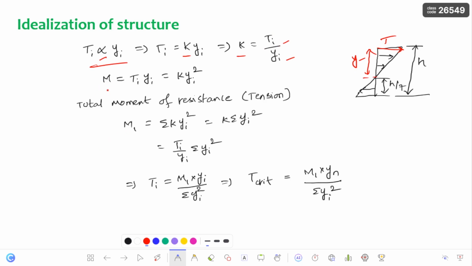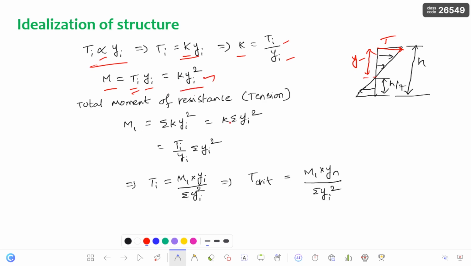Now you all know the moment which is developed due to the tension force is nothing but tension force into the lever arm. If I substitute the Ti value, that is K into Yi, in this equation, I am going to get K into Yi square.